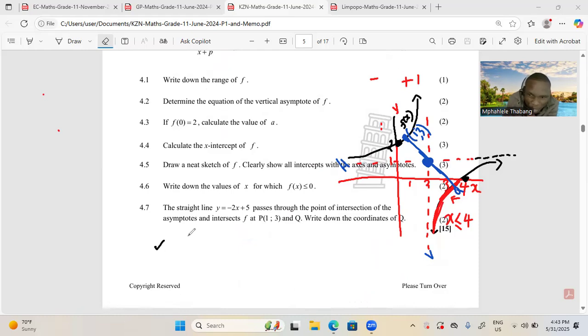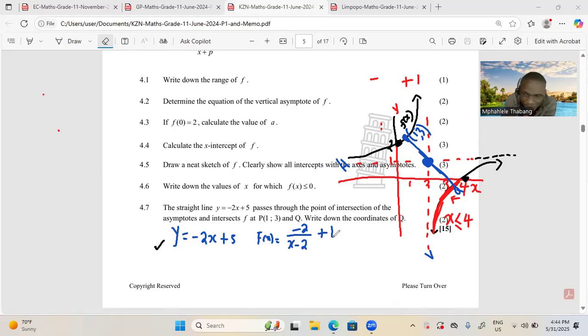I know that y equals negative 2x plus 5, and the equation of f, if we remember carefully, is minus 2 over x minus 2, plus 1.